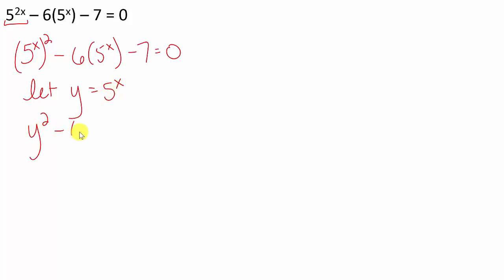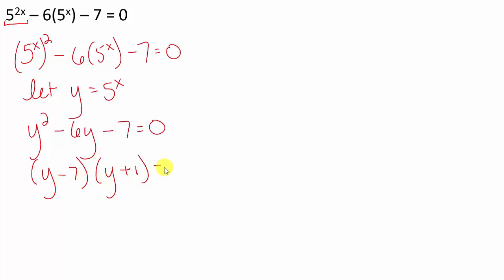So I get y squared minus 6y minus 7 equals 0. I'm going to choose to factor. I get (y minus 7)(y plus 1), which gives me y equals 7 and y equals negative 1.